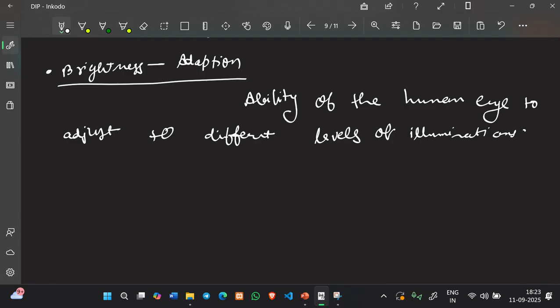So now we will understand brightness discrimination. The third one is brightness discrimination.